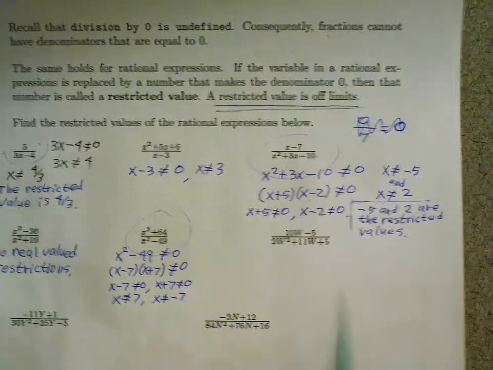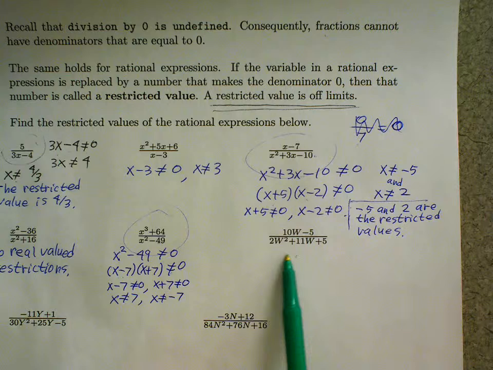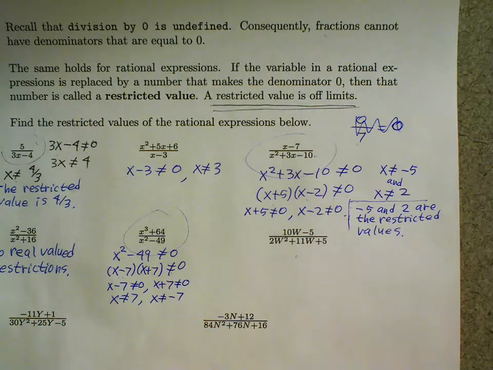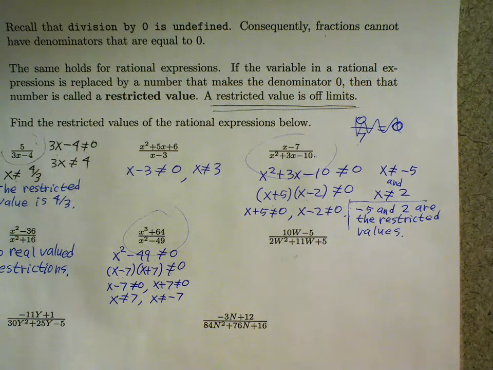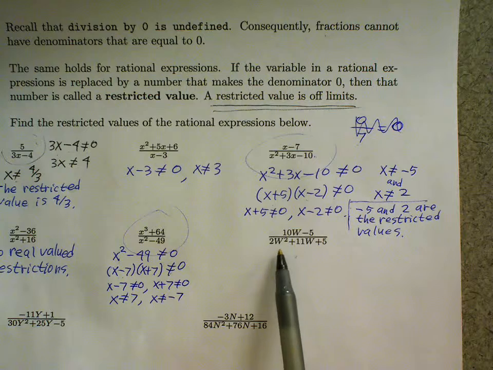Okay, the next one, find the restricted values of 10w minus 5 divided by 2w to the second plus 11w plus 5. For this rational expression, if there are any real numbers that you can replace w with that makes the denominator 0, then those numbers are restricted values.